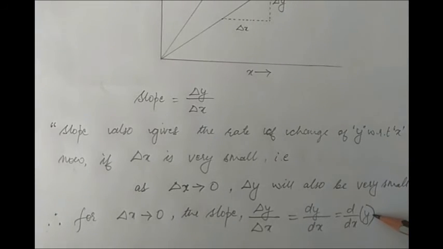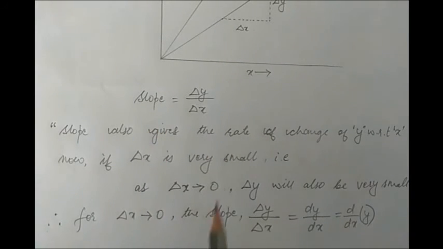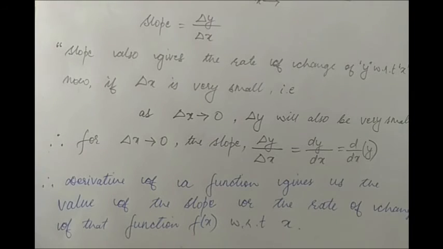So y will be some curve, and when you find d/dx of it, or when you find the derivative of that curve, you are trying to find the slope of that curve or the rate of change of y with respect to x. Now this is only a very basic idea I'm giving you about derivative, and like I've already mentioned, you will learn about derivative in greater detail when you study it in your mathematics.